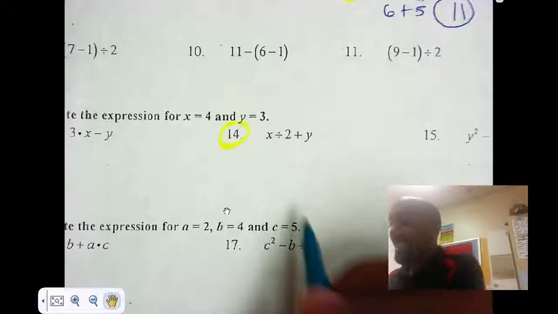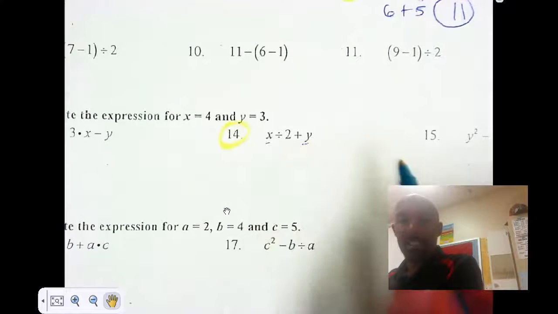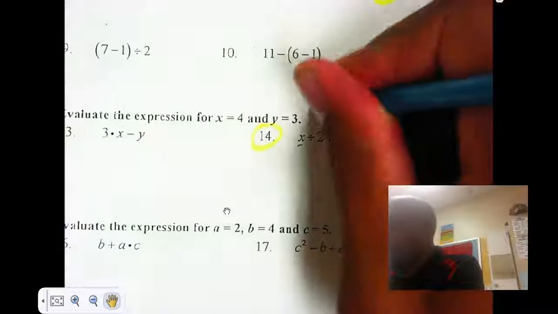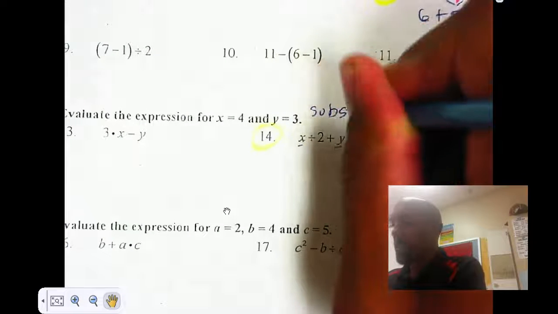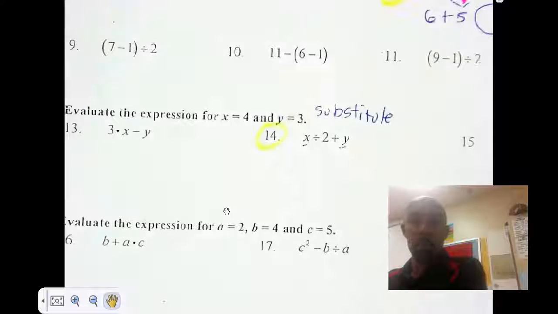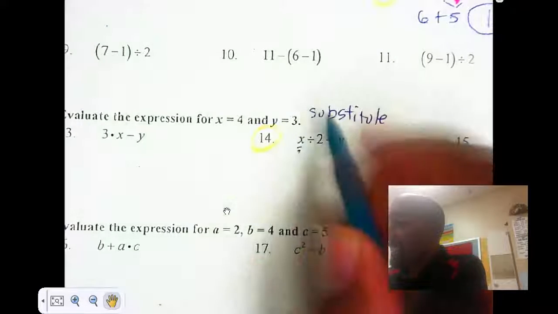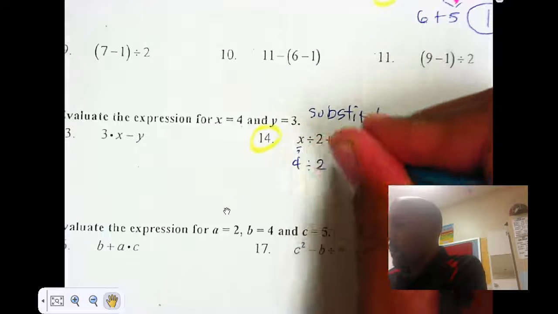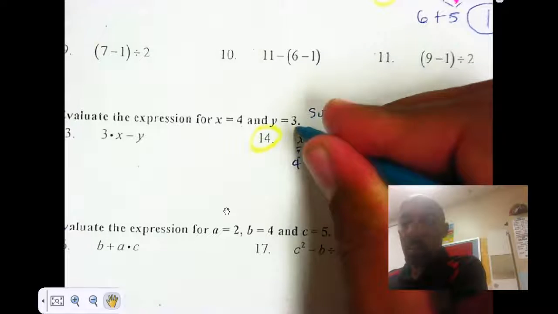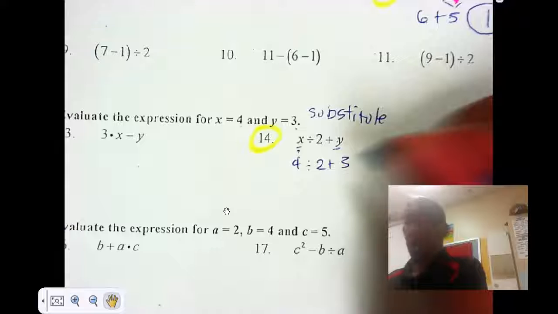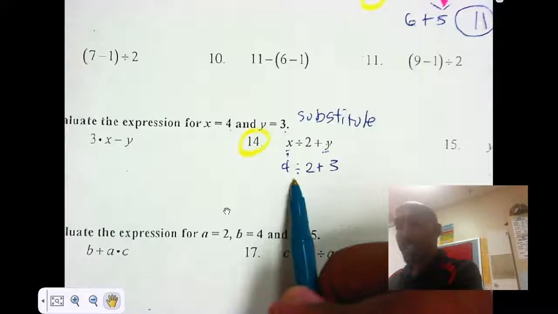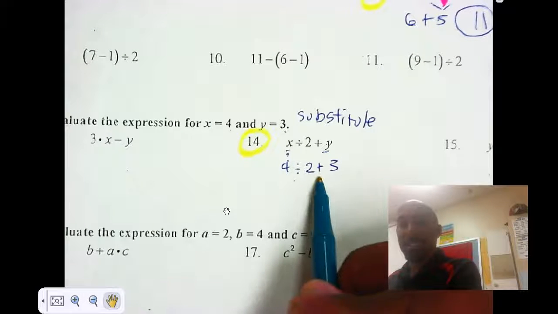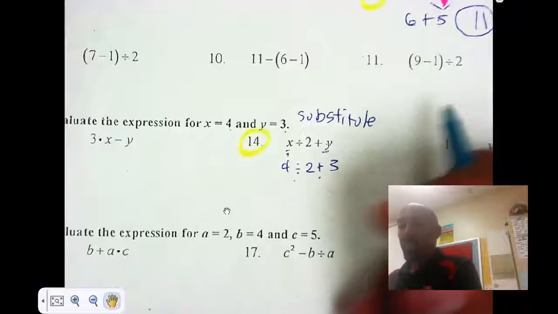Okay, number 14. Now again, I notice that I have letters. Letters means I'm going to substitute. Okay, so now x is 4. y is 3. And now I have divide and plus. Okay, which is first? Go back to your notes.